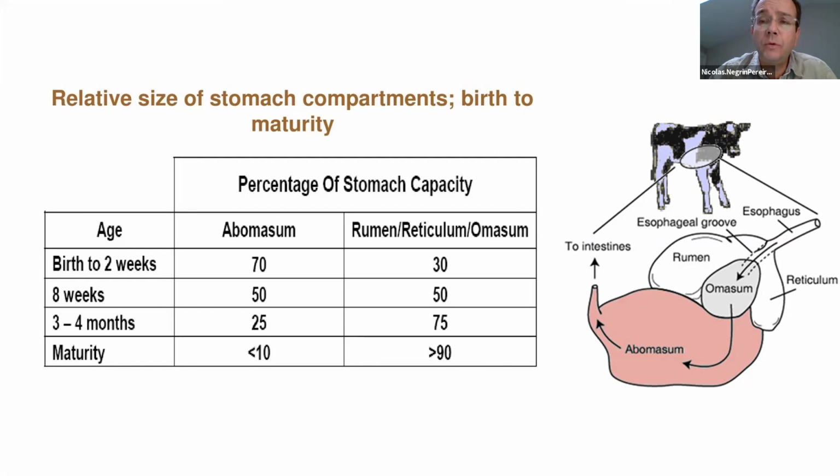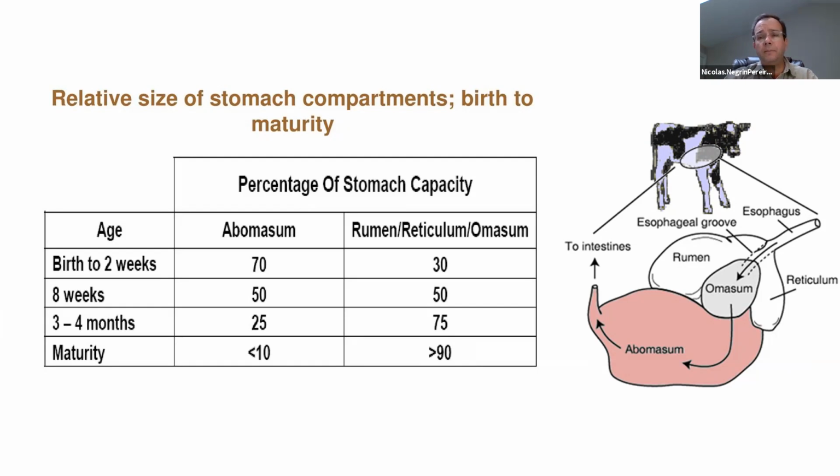By weaning, we mean we stop providing milk and provide just solid feed. Normally, this occurs naturally because the milk production of the mother starts going down, so the animals start eating more and more solid feed. At 3 to 4 months, the abomasum has gone down and represents only 25% of stomach capacity, while the other compartments have increased their capacity up to 75%.